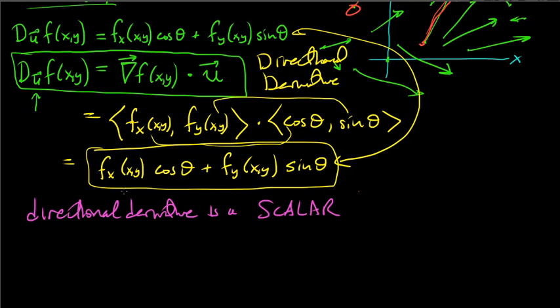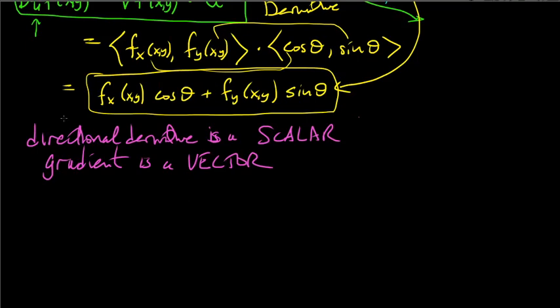You need to pick out a direction to calculate the directional derivative, but the directional derivative is just the value of the slope of the tangent line that you get in that direction. It's the rate of change of the function in a particular direction. But the gradient, however, is a vector, not a scalar. So don't get those mixed up.